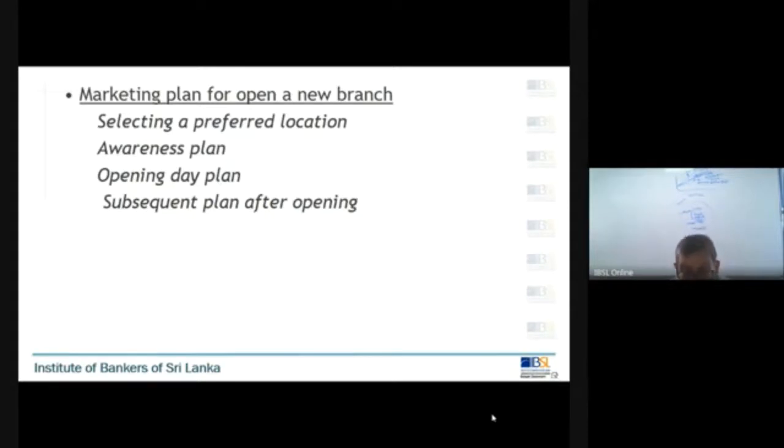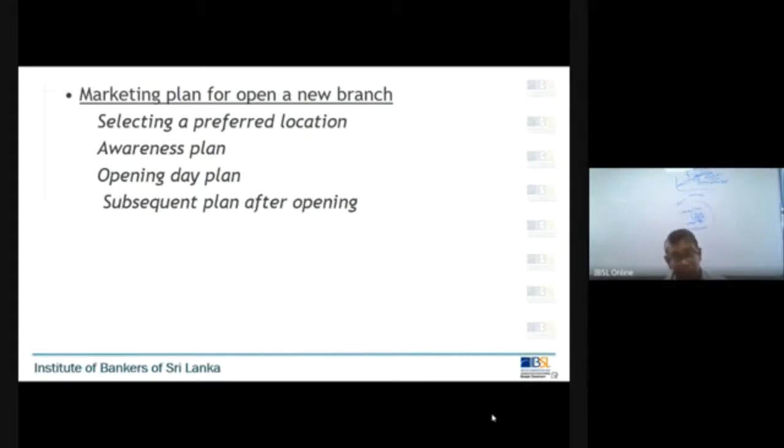You invite key people, the Pradeshiya Sabha head, whoever is from the political party, or maybe a key person who has a reputation in that area, such as actors, whoever is living in that area. You can ask them to come for an opening day event.